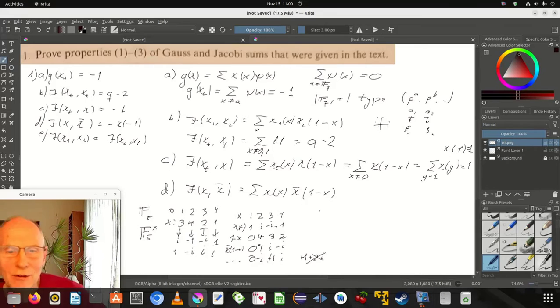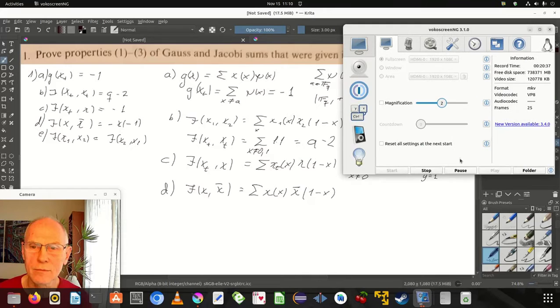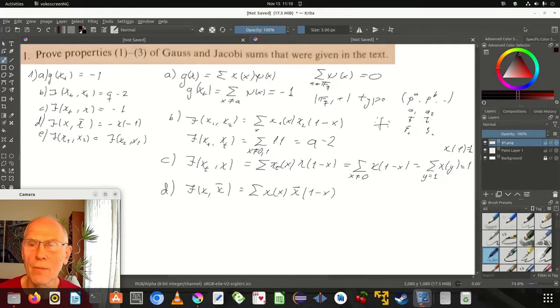I have no idea how to do this, so it's time for a break. I just got an idea. I have erased my example, which didn't lead to anything for once. This is the inverse of chi.